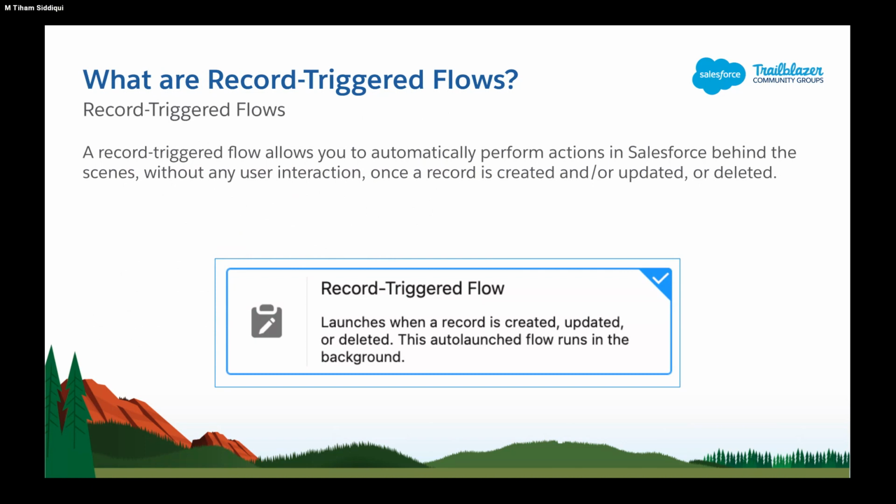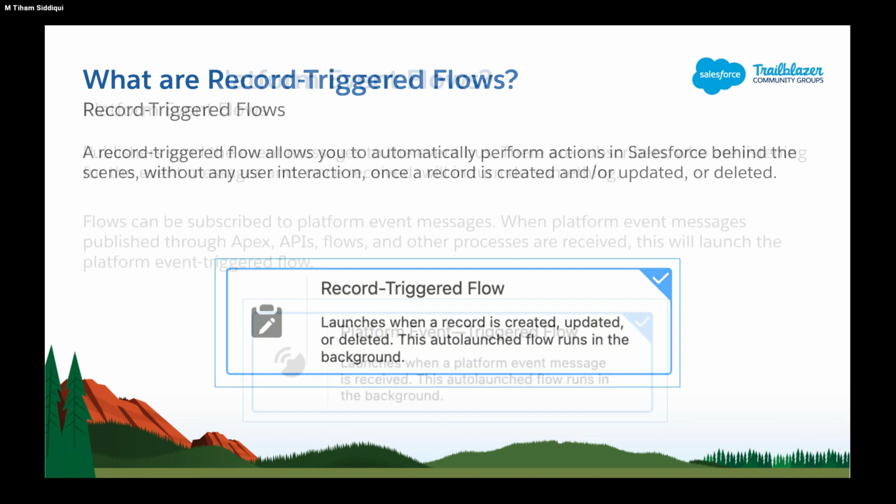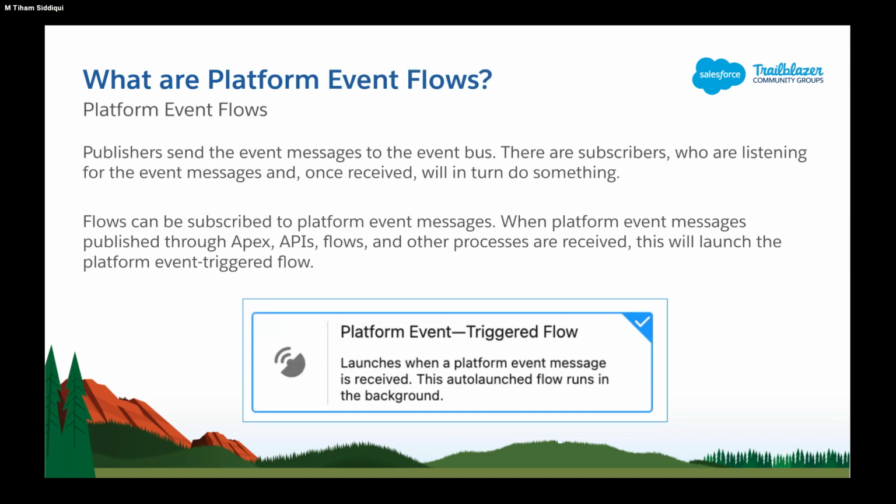Okay, so record-triggered flow is a flow type that you configure on an object, and when the record is created, updated, or deleted, it triggers. Platform event triggered flow is something similar to record-triggered flow, but it is configured on platform events.